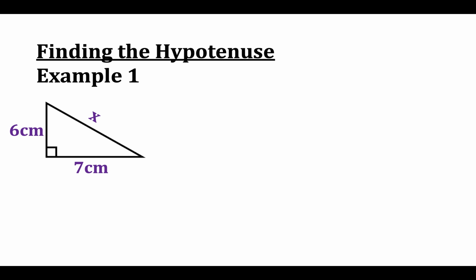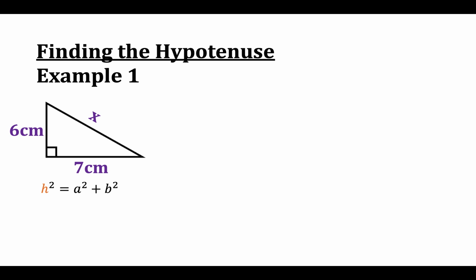So example 1, you can see here we've got a right angle triangle with lengths 6, x and 7. And if we have a wee look at this, we can see firstly it's got a right angle. So it is a right angle triangle, so that allows us to use Pythagoras' theorem.